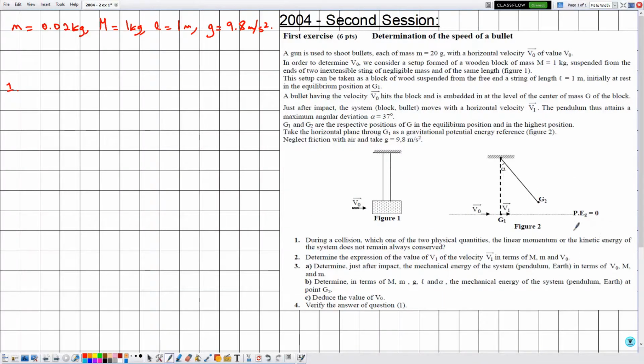So the kinetic energy of the system does not remain always conserved.